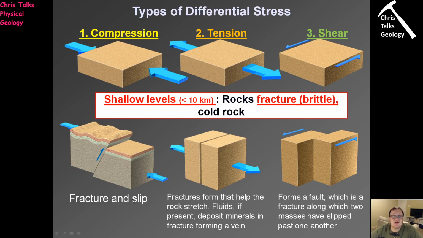This is referred to as slip. So by compressing our rock, we cause it to break, and eventually that compression causes pieces of the rock to start moving past each other, which is referred to as slip. The plane along which slip is happening is referred to as a fault, and we're going to discuss more about those in a bit.